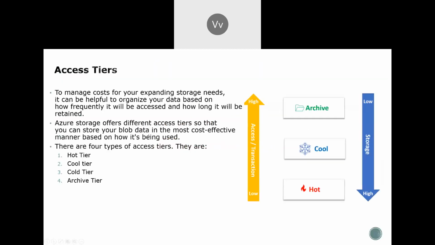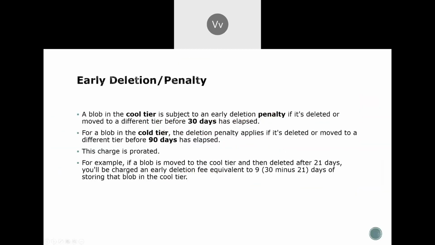Please keep in mind that the penalty is very low, but when thousands or lakhs of files are stored in cool tier for fewer than 30 days and then deleted automatically, even if the penalty is 1 cent or 1 paise, the charge adds up, as we see with 1 lakh blobs.